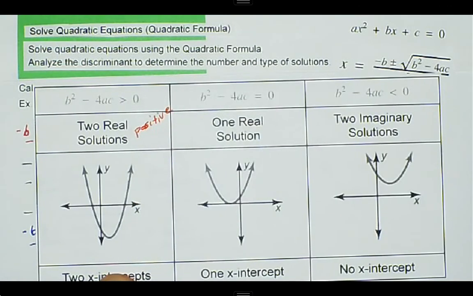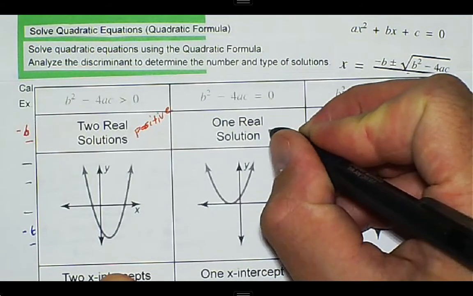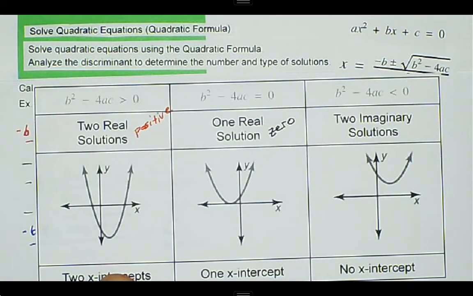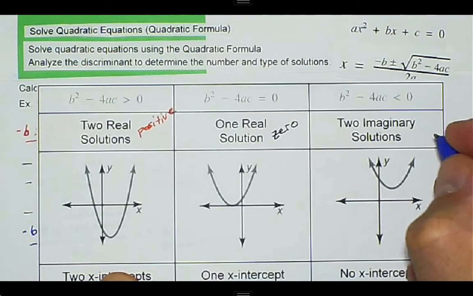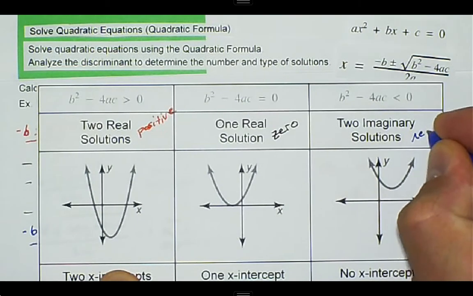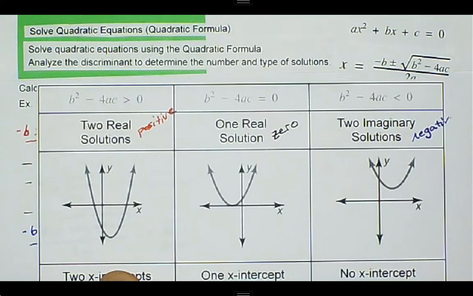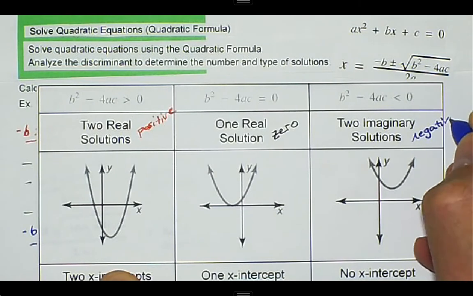We could have one that's equal to 0. Or we could have one that is less than 0, and that one would be negative.